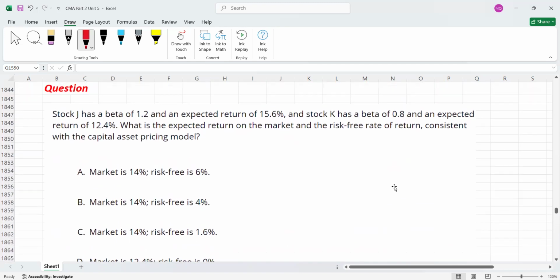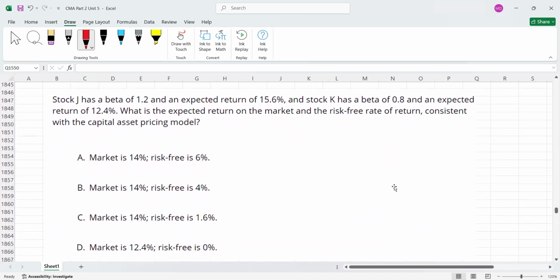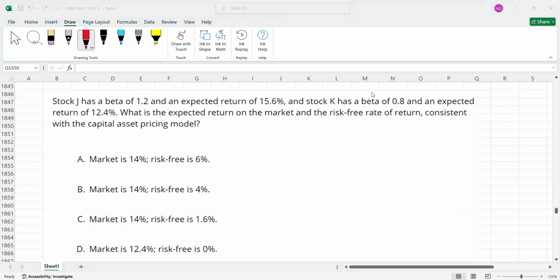We have another question on your screen now. Let me read it, because it's just a two-line question. They're saying stock J has a beta of 1.2 and an expected return of 15.6%.